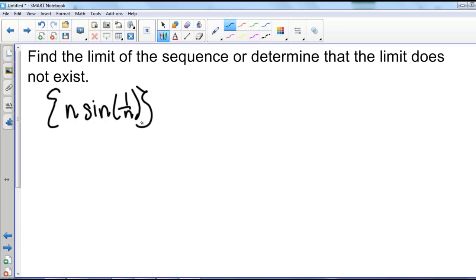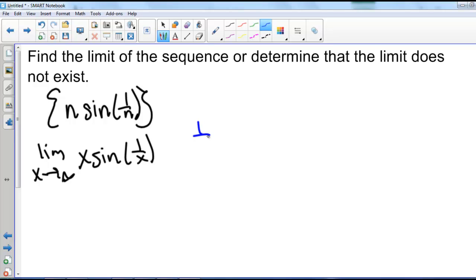Find the limit of the sequence or determine that the limit does not exist for the sequence n times sine of 1 over n. So for this one, if we looked at the limit as x goes to infinity of x times sine of 1 over x, we notice that 1 over x goes to 0 as x goes to infinity, and sine of u is continuous.